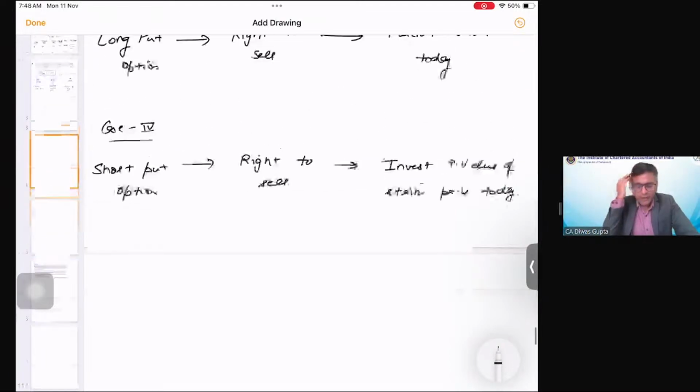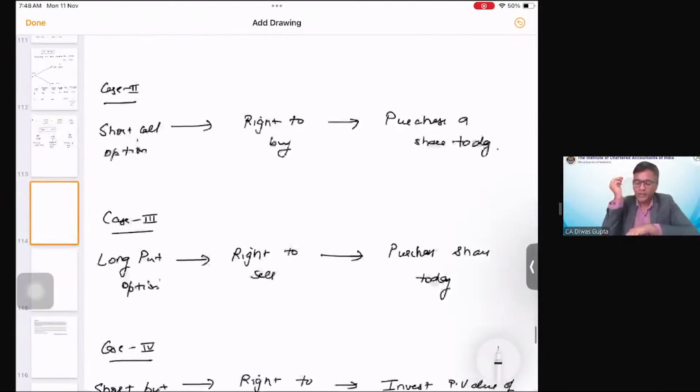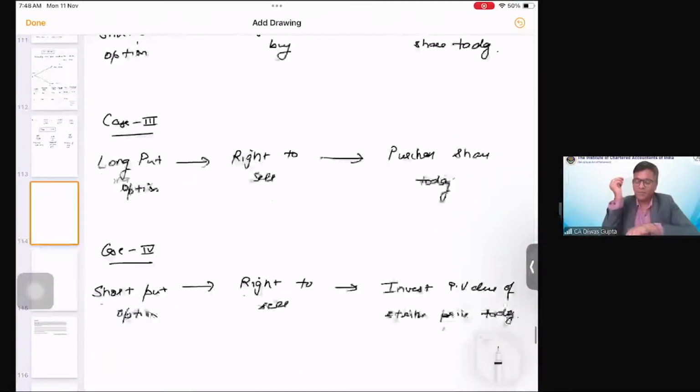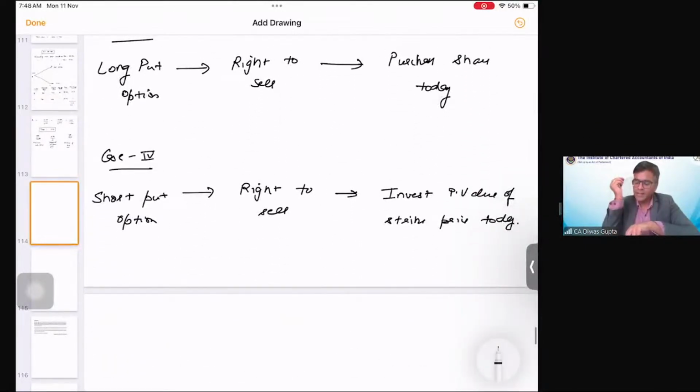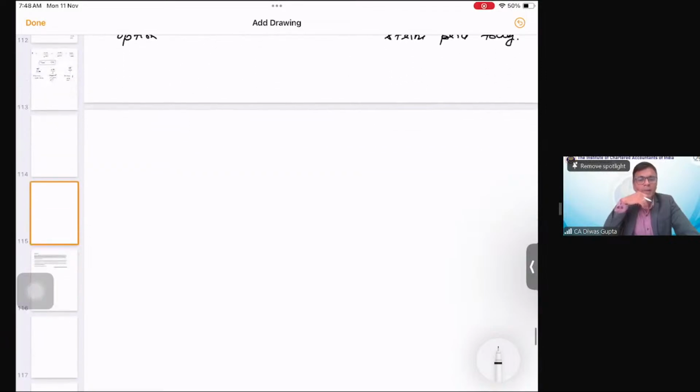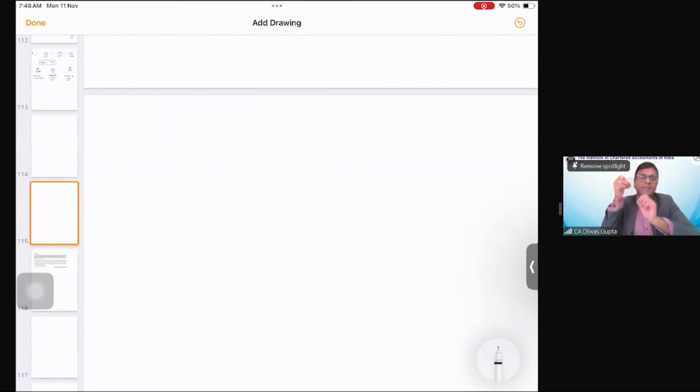So what I was saying is that we will be using these four cases in the subsequent discussion. Two of them will be used in the Black-Scholes model and two in the put-call parity theory, students. Now always remember this line which I am just writing.